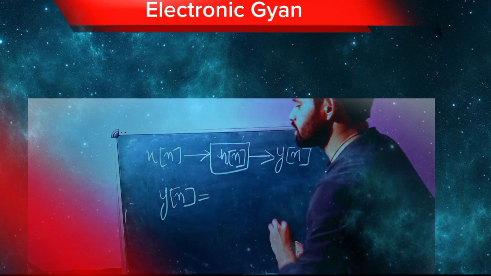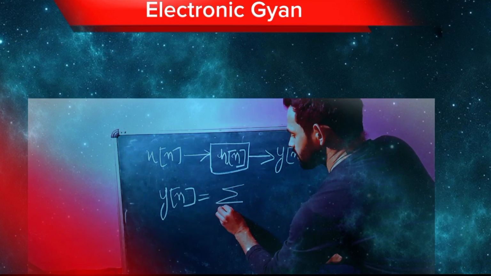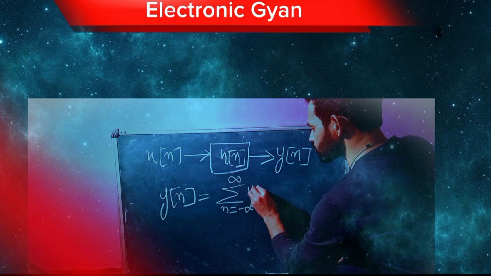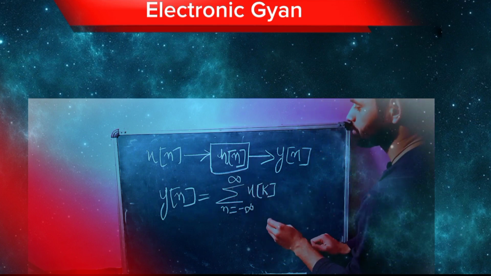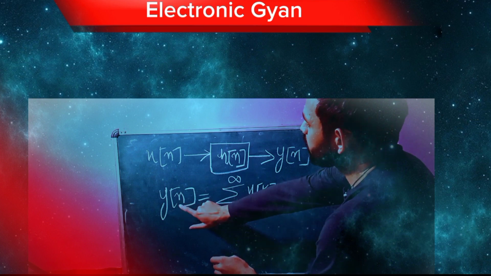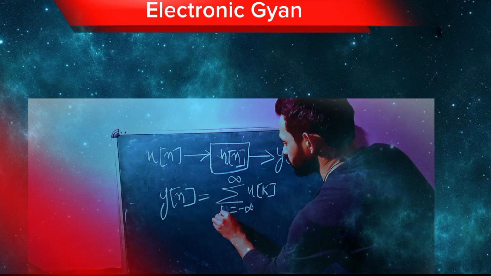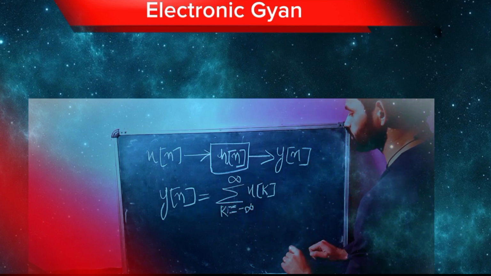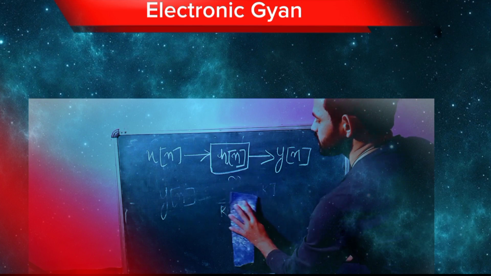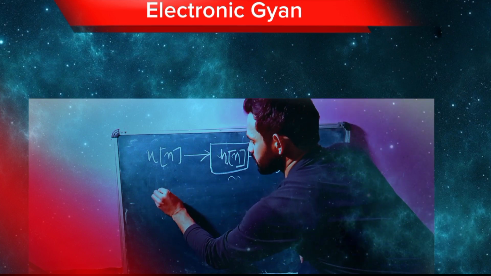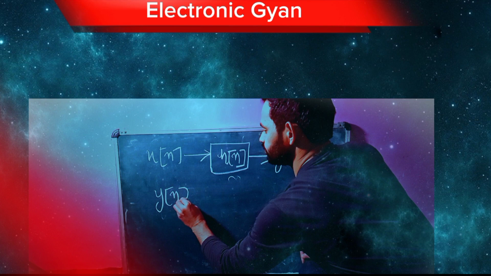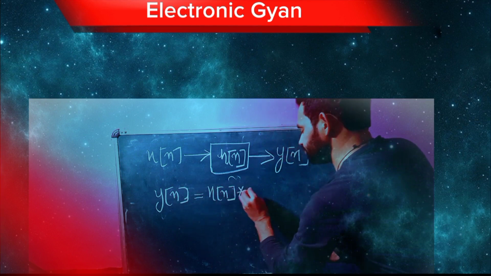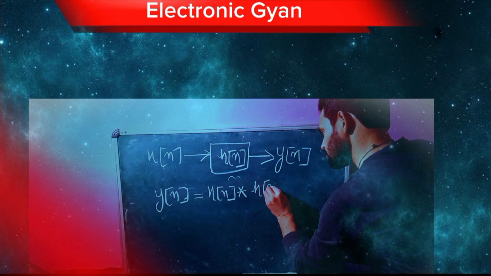That is y of n is equal to the summation over k from minus infinity to plus infinity of x of k into h of n minus k. So the output is y of n equal to x of n convolution h of n.